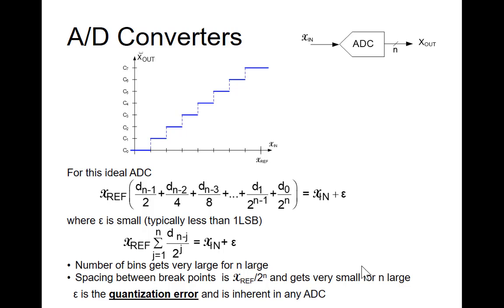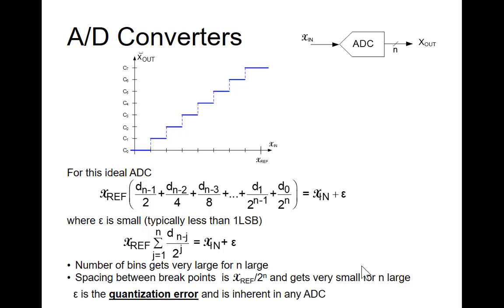Much like the DAC, we can look at how the Boolean output of the ADC relates to the input. Now, with the DAC, we had a simple equation that said how the analog output relates to Boolean input.